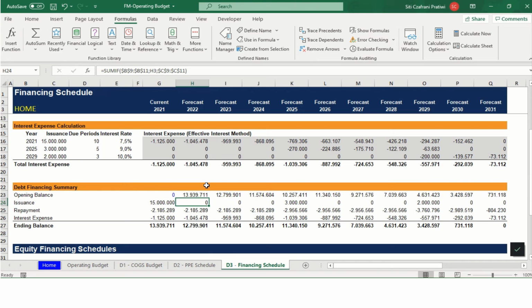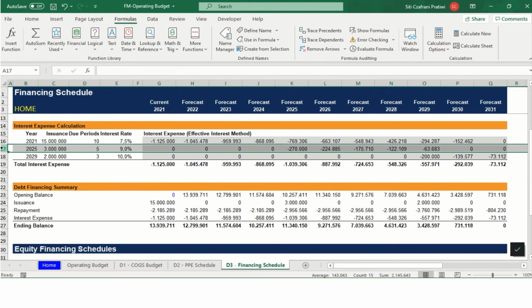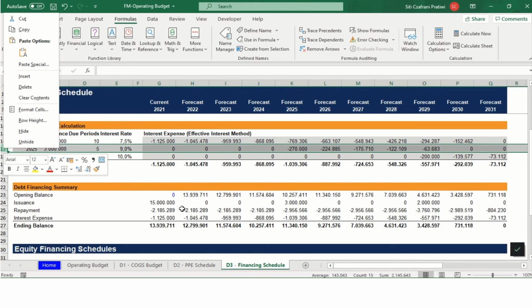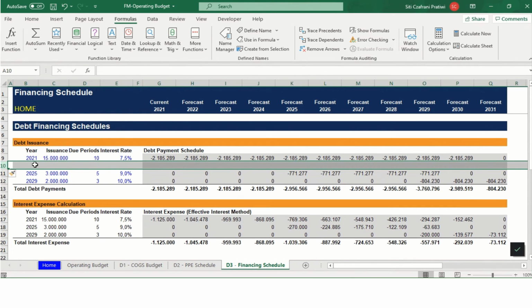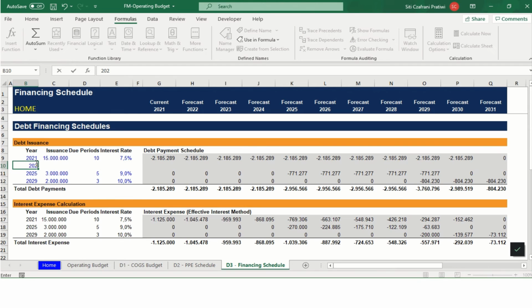So why do we use SUMIF here? This is very useful if you have more than one debt issuance within a year. So for instance, if you have another year 2021 here, let's say we have another debt issuance in this year, amounting to, for example, 50 million.